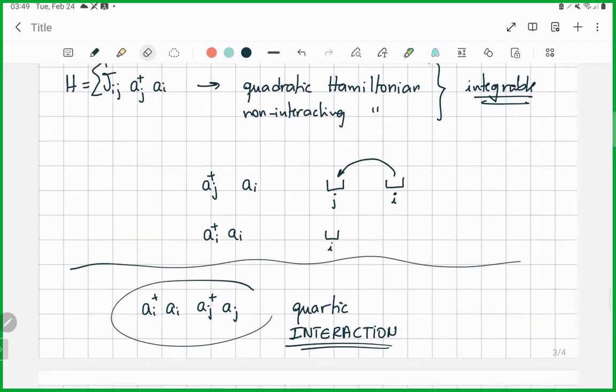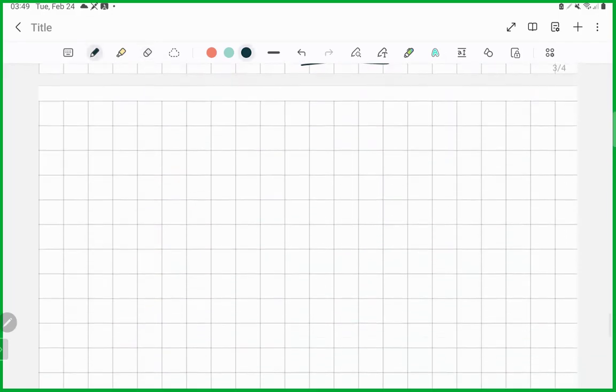When we are dealing directly with the spin Hamiltonian, all of those terms that we saw are bilinear in x and y and z. It becomes more difficult to identify or to distinguish which part is interacting, which part is non-interacting.